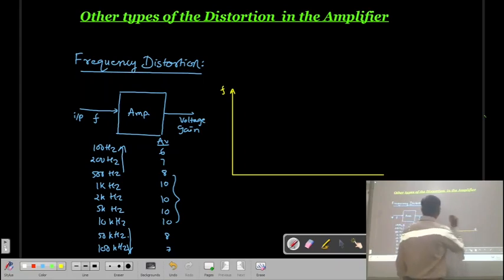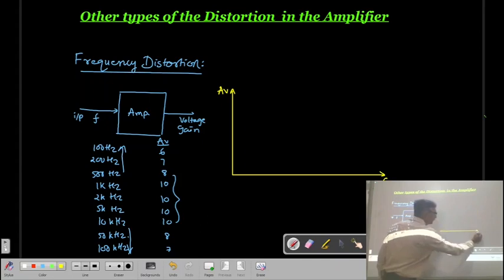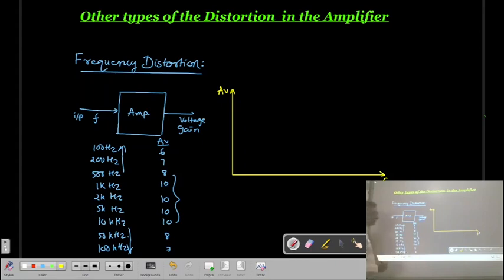On the y-axis we have voltage gain AV, and on the x-axis we have frequency F. According to this data, if I plot, the graph will be like this.